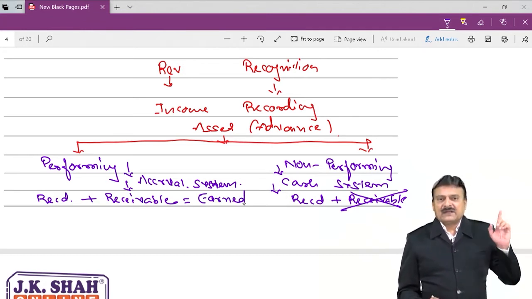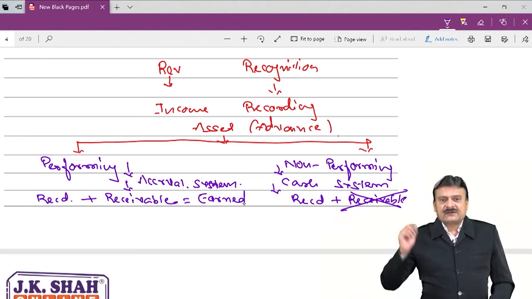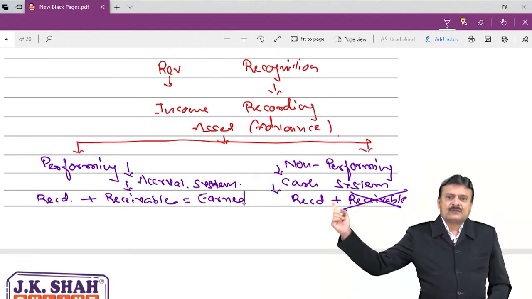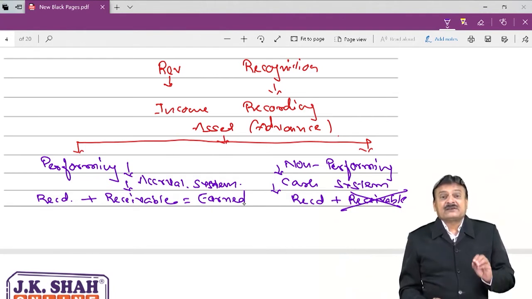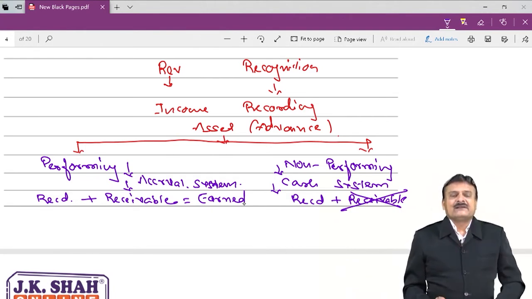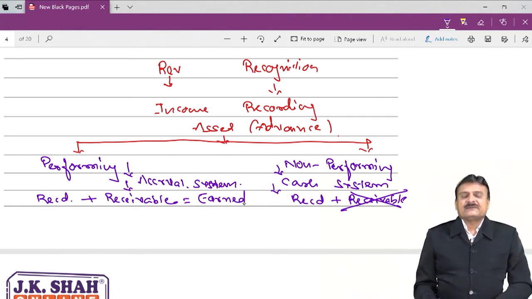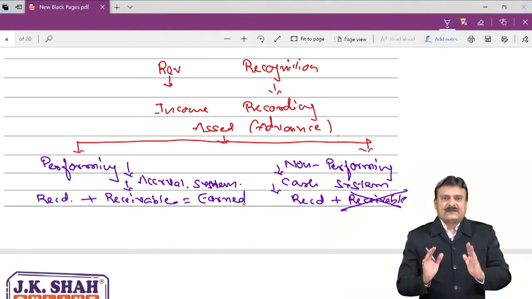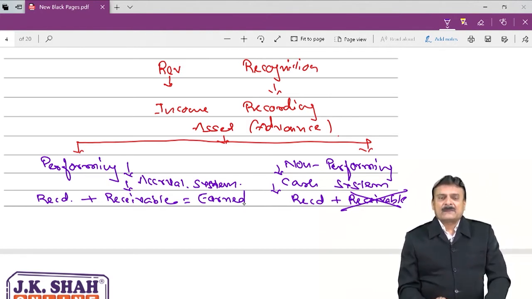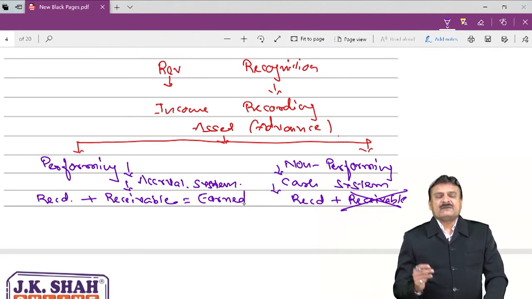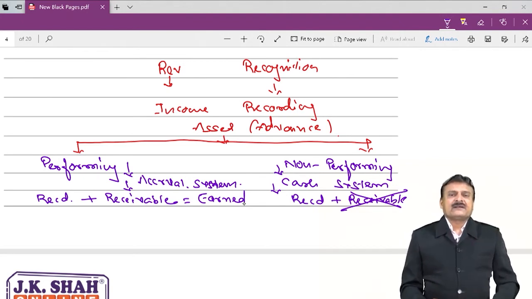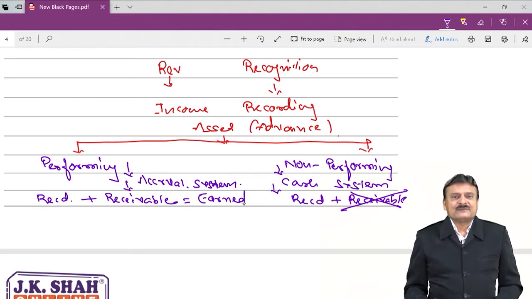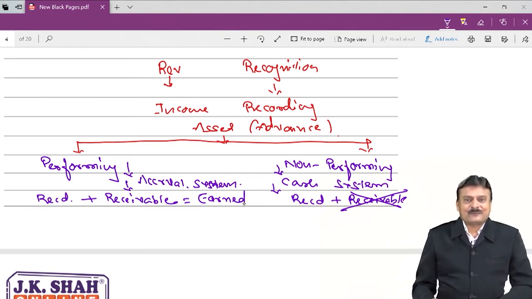So, for performing asset, it is interest earned, and for non-performing assets, it is interest received. Receivable should not be recorded. This was a brief idea for our question number 1. Every subtopic when we start, there will be different idea given to you, and from that idea we will proceed ahead. So, that completes introduction of banking company.